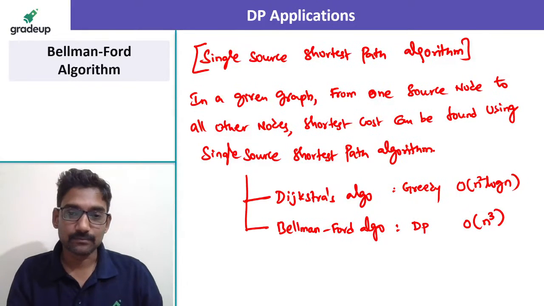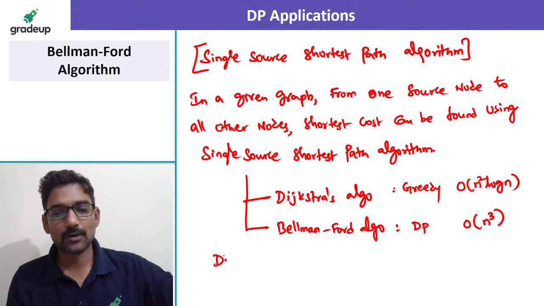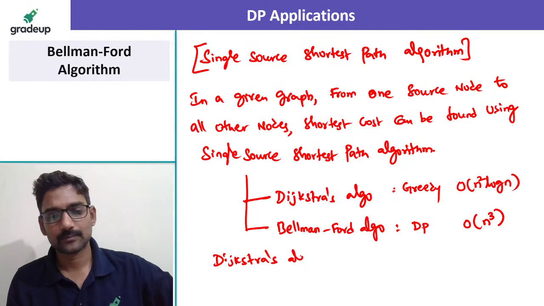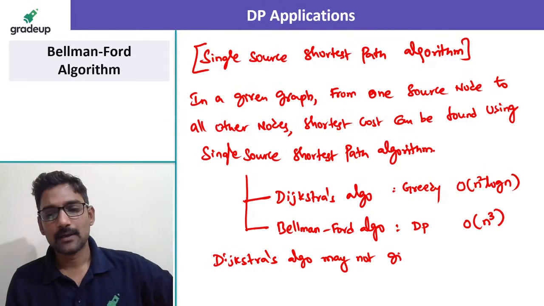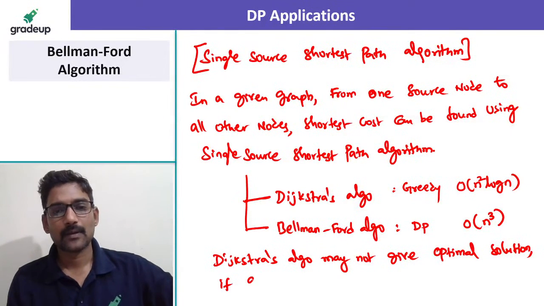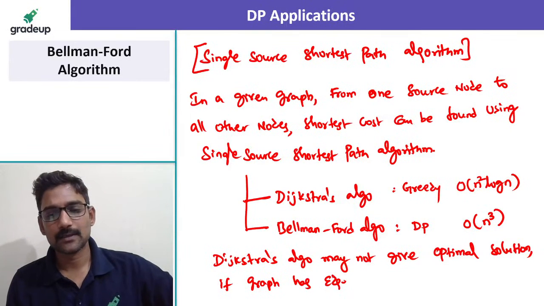That means Bellman-Ford takes more time than Dijkstra. But Dijkstra's algorithm may not be effective, means it may not give an optimal solution if the graph has edges with negative weights. It's not always.